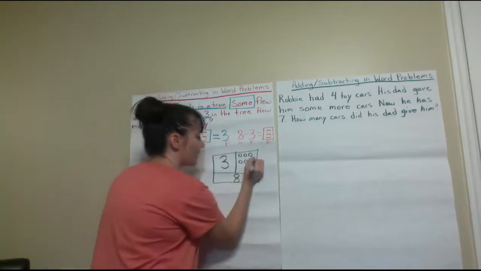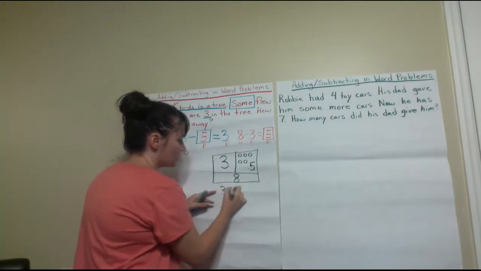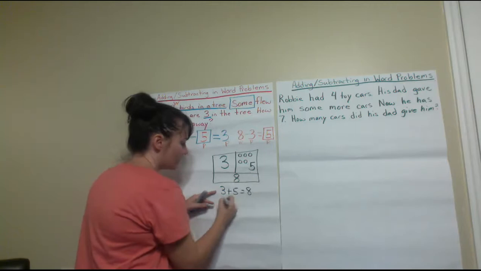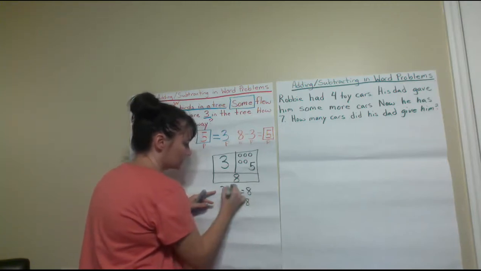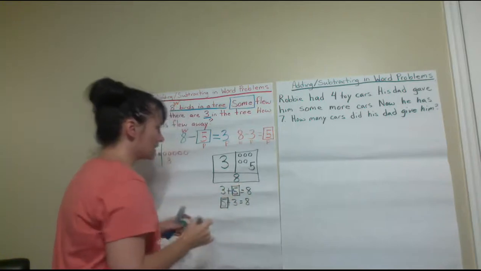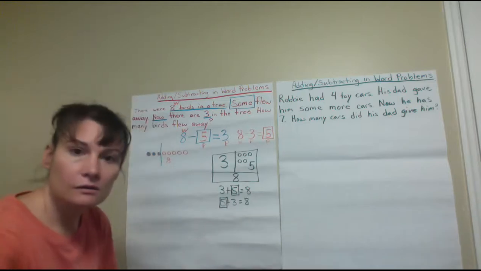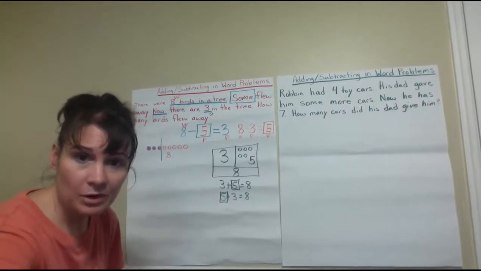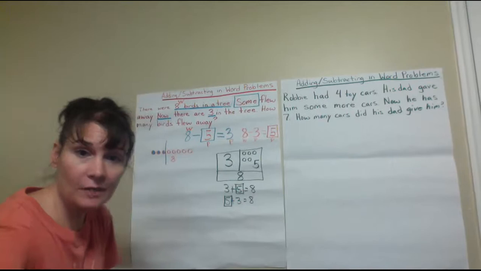There were 5, because 3 plus 5 equals 8, and 5 plus 3 equals 8. I always box what I found out because that is my unknown. Another way that you can figure out this problem is always to use a number line as well. So let's try that model.